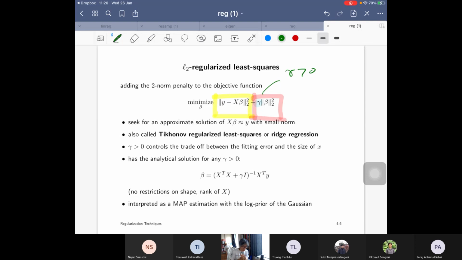When we optimize the sum of the two cost objectives, it basically means that you want to minimize the sum of the two.